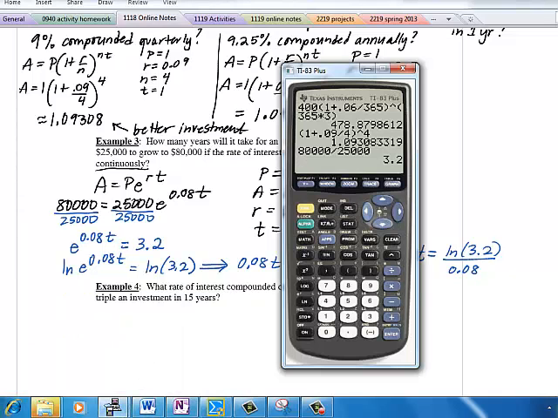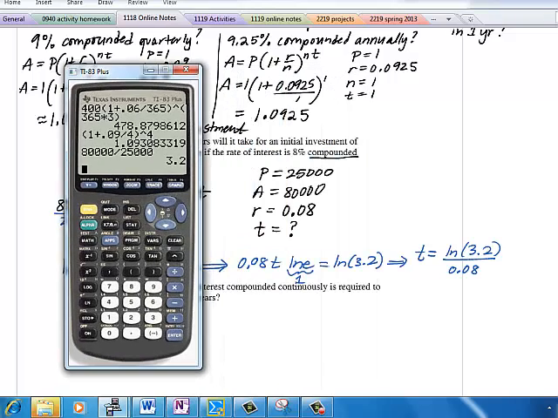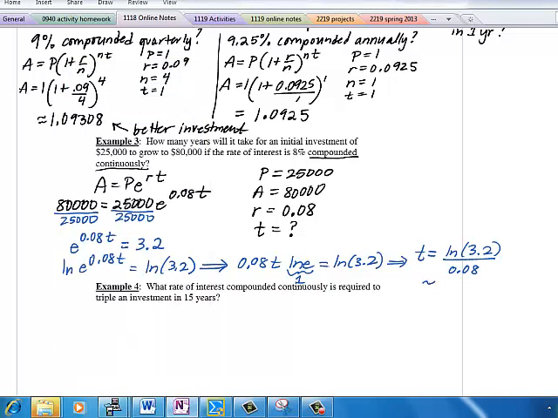That's not all that useful. Let's find an approximation for that value. So we've got 14.54. And that was in years always. So about 14.54 years is how long it would take to grow 25,000 to 80,000.